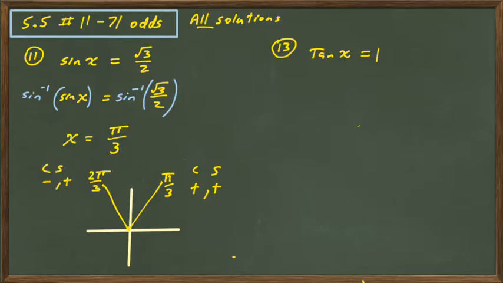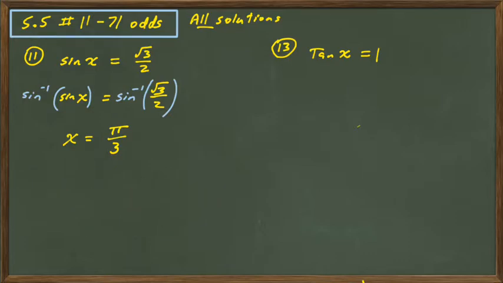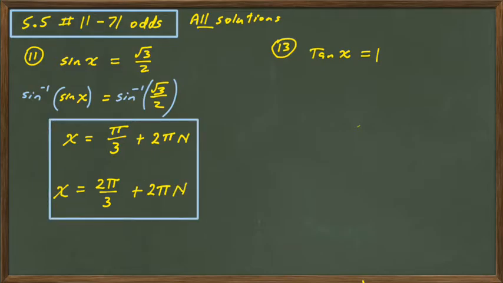So you have x equals pi over 3, and you have x equals 2 pi over 3. Always solve them on the interval from 0 to 2 pi first. Then adjust. Add 1 complete revolution times n. And now we have all the solutions for number 11.